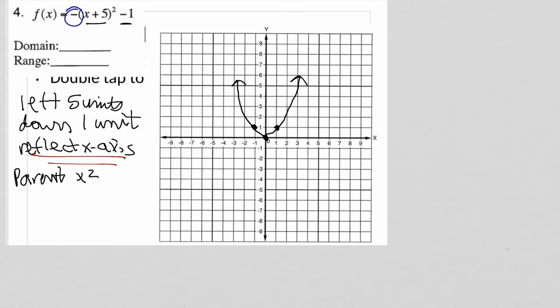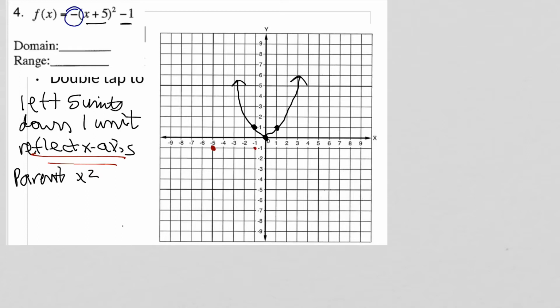All right, now let's do the transformation. So first I'm going to reflect things in the x-axis. If I reflect 0, 0 in the x-axis, it's going to stay at 0, 0. And now I'm going to go left 5 and then down 1. Now I'm going to reflect negative 1, 1 in the x-axis. It's going to land here, right?